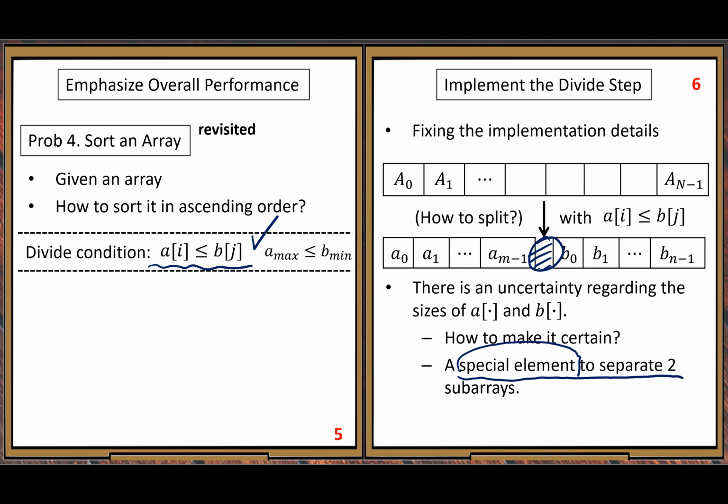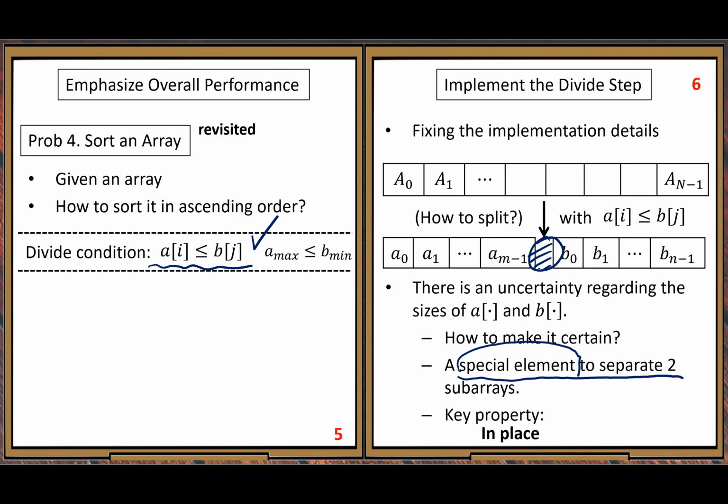How about that new view, the separator view? The key property is that the separator element must be in place. The separator element is in its right position, its location in the finally sorted array.